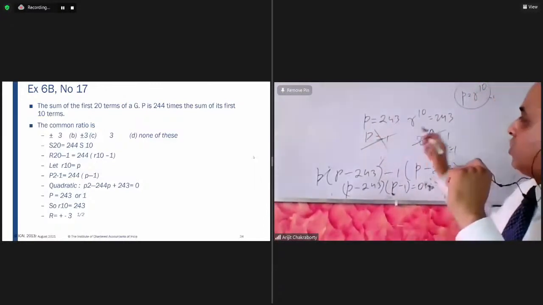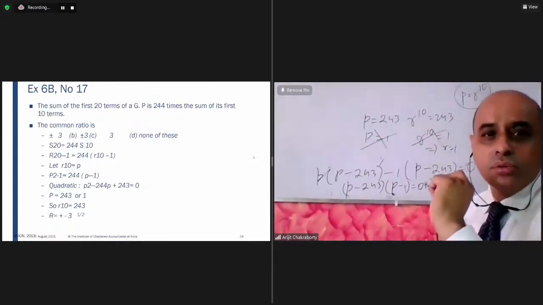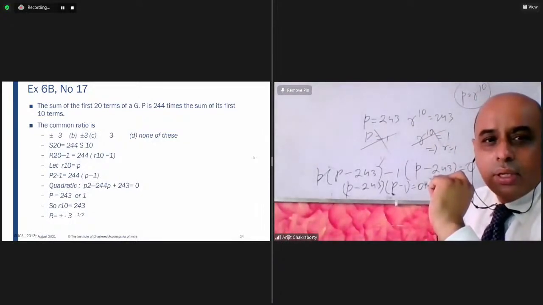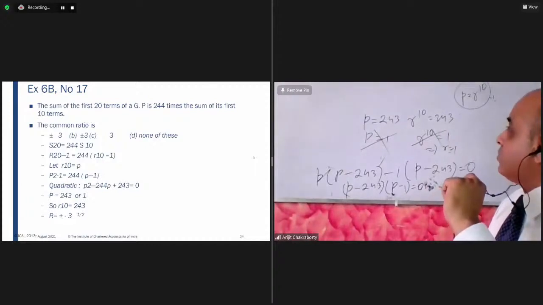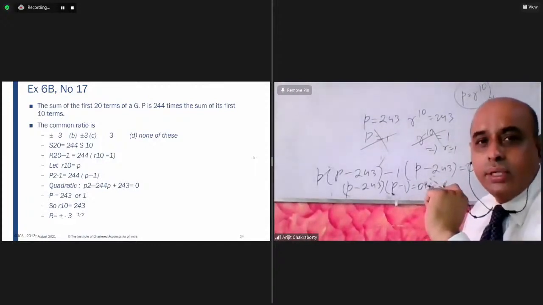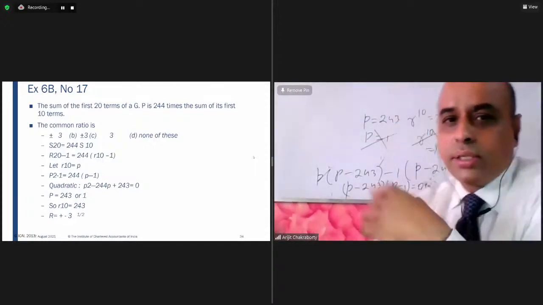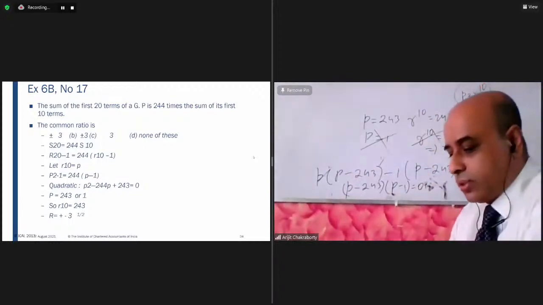So P equal to 243, R to the power 10 comes to 243. This means that we have to find the 10th root. So just use a calculator and see how many times you multiply 3 to reach 243.